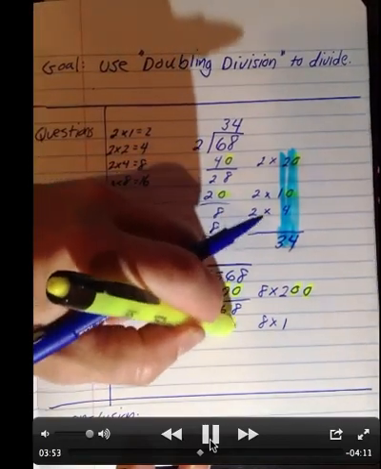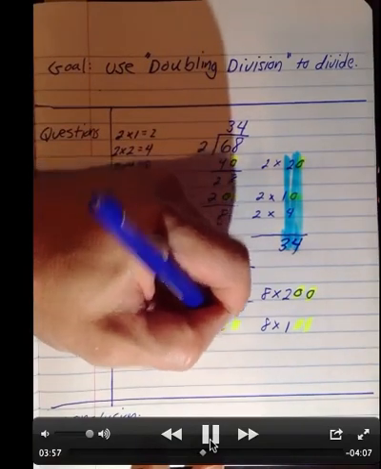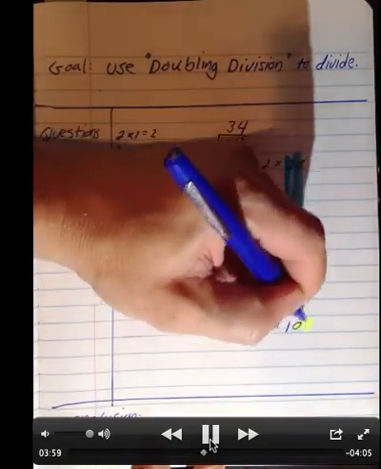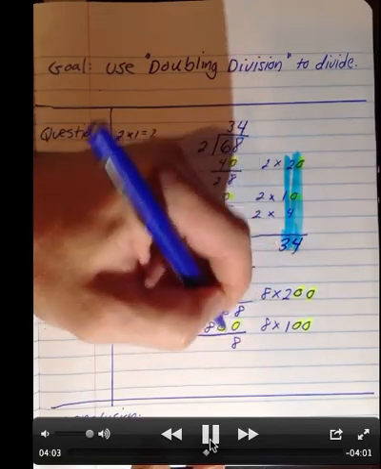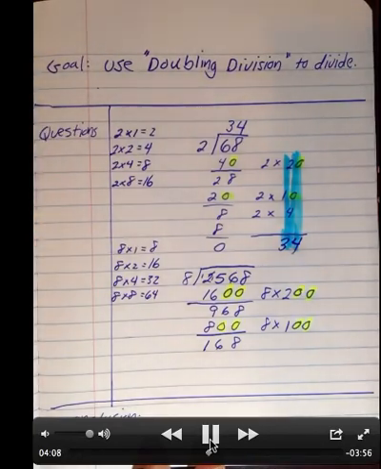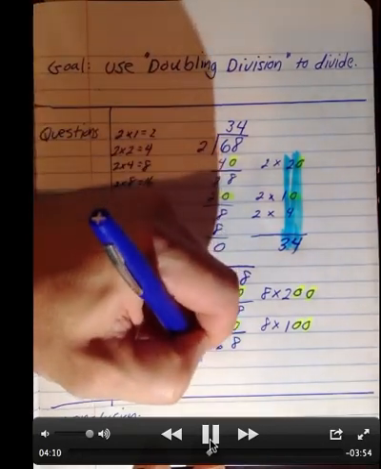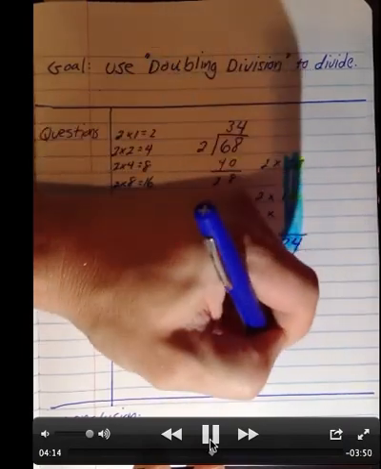We can quickly multiply that by 100, and we've made 100 groups of 8. And then the reason we subtract is to figure out how many left we have to put into a group. Looks like a 16 will fit underneath what we have left over. That's 2 groups of 8.